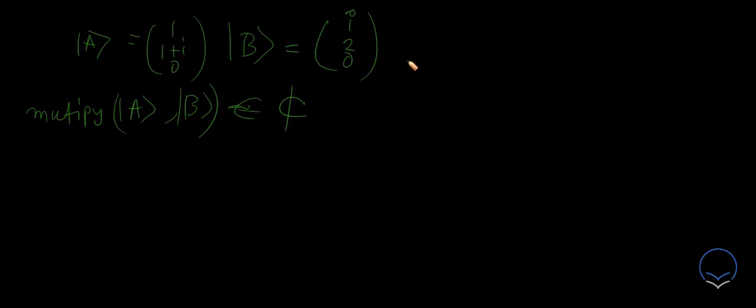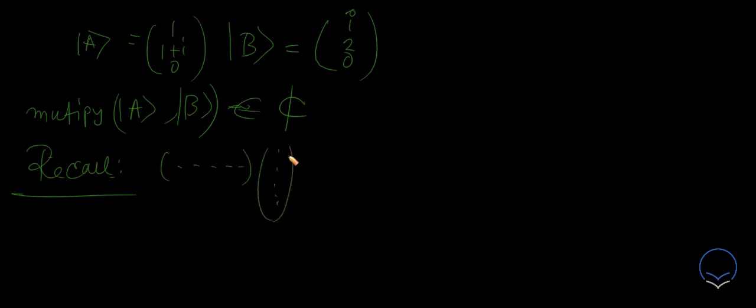Now, how can we do that? If we recall, whenever we had a row vector or row matrix like this and a column matrix like this, then we could extract a number. And in the bracket notation, we do the same thing. I can evaluate this number in two ways.